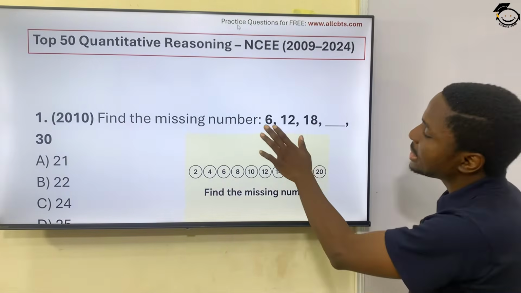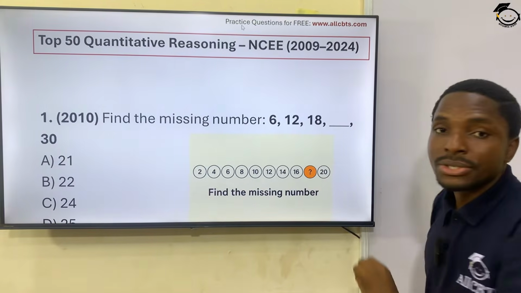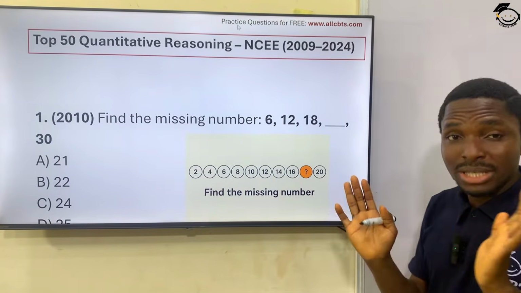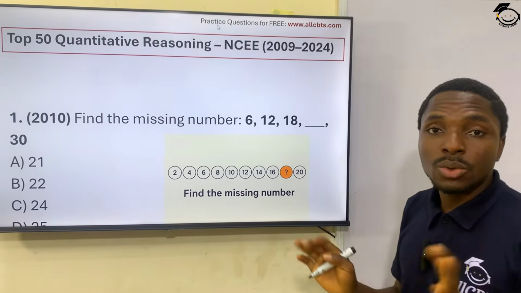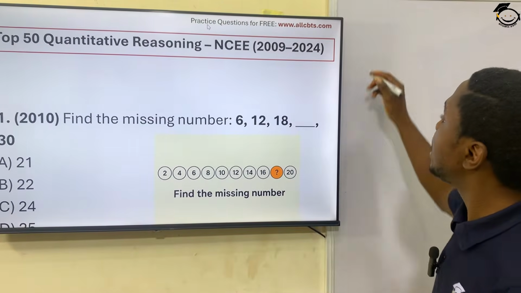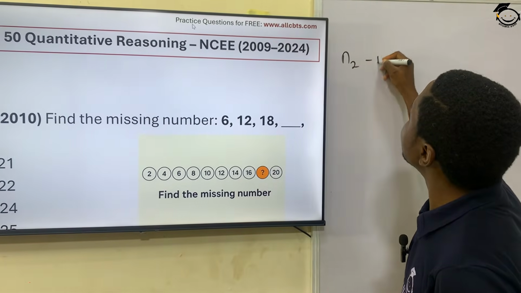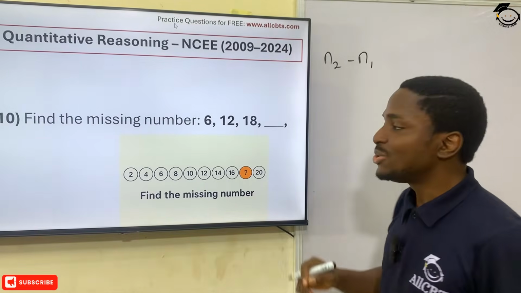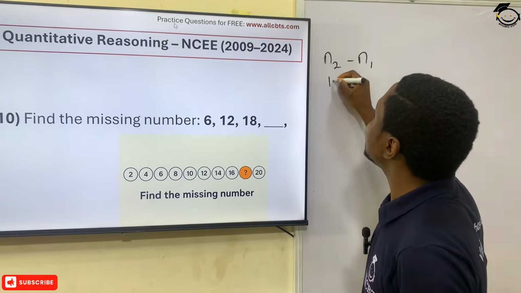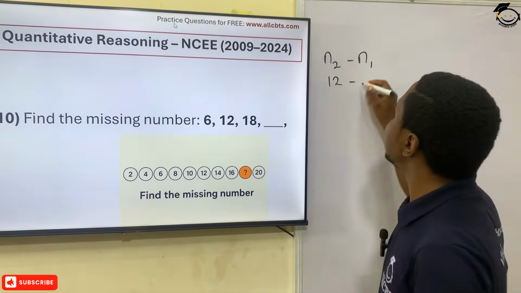Now, if you look at this series of numbers, the simplest way to do this, without needing any formula, is to say number 2 minus number 1. Number 2 is 12 and number 1 is 6.